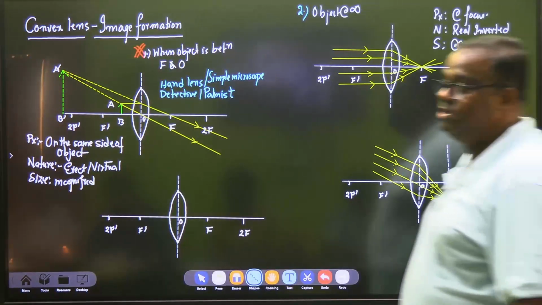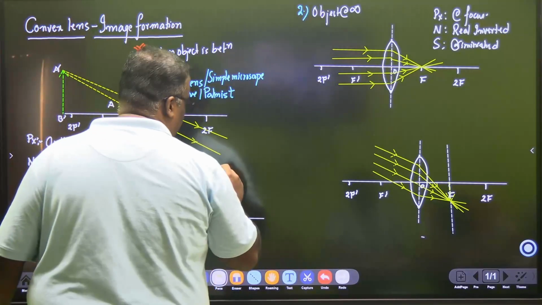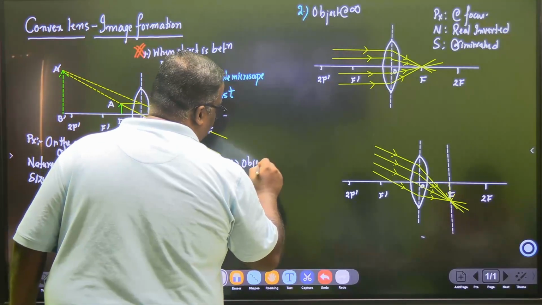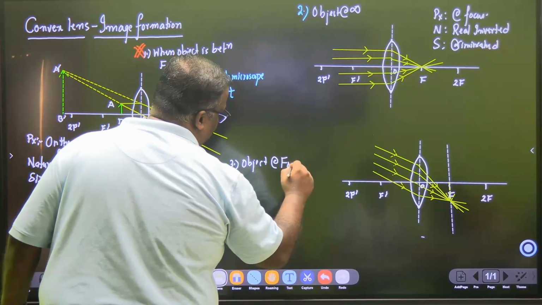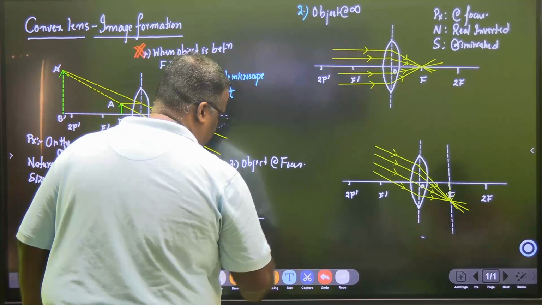Now first we'll do object at focus. Now our next one will be 3. Object at f or focus. Right? So the object will be now at focus.